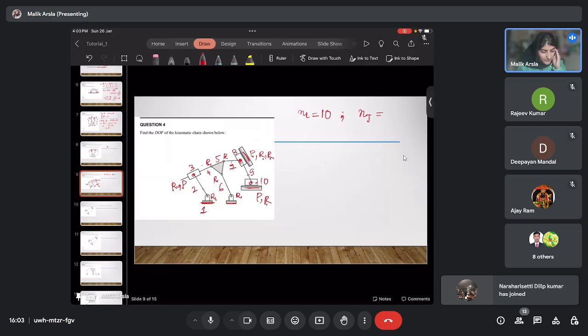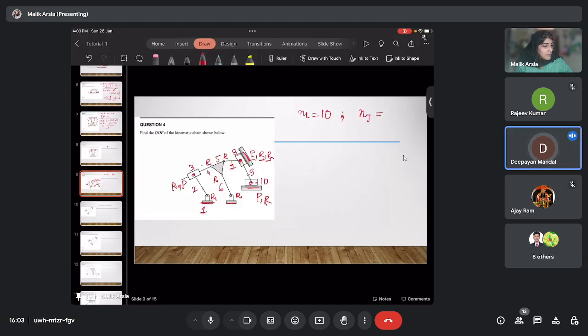Why would there be 3? Yeah, here there are R and P. Okay, so R and P will be there. So it is 1, 2, 3, 4, 5, 6, 7, 8, 9, 10, 11, 12. Okay, so the number of joints is 12.